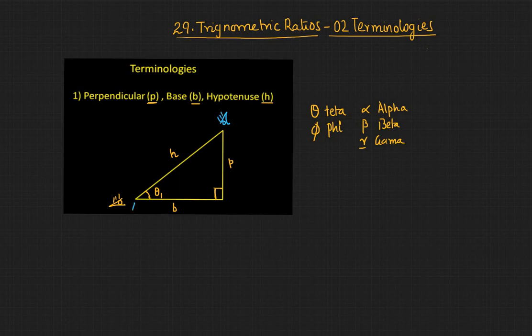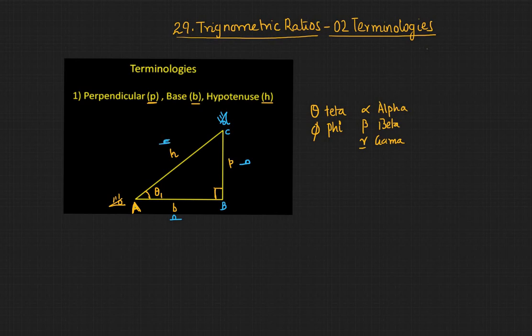Let this be A, B, and C. So in the first case, you are viewing from A, and now you're viewing from C. Now as you view from C, then this becomes your perpendicular, this becomes your base, and this remains the hypotenuse.